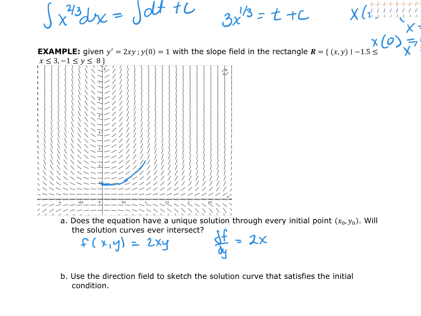And you can see as I'm starting to sketch it, it looks something like this. So all I do is follow along the line where it seems to be going through, and it looks something like that.